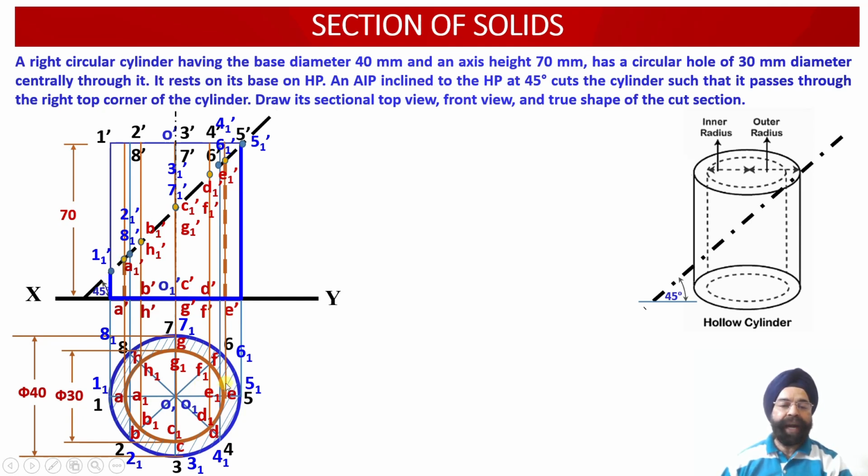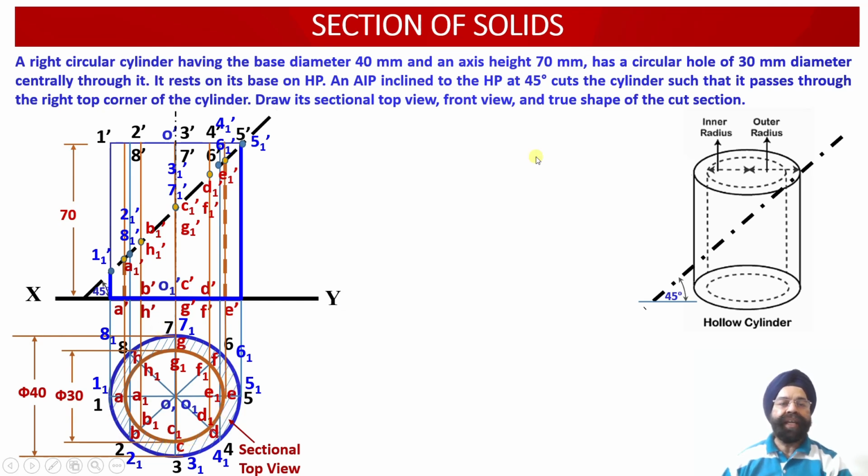But when we look at this cut section from the top, the whole of the cylinder has been sectioned by the cutting plane, which is inclined at an angle of 45 degrees with respect to the horizontal plane. So the top view section portion corresponding to this hollow cylinder has been obtained over here, and it has been appropriately sectioned in the top view projections.